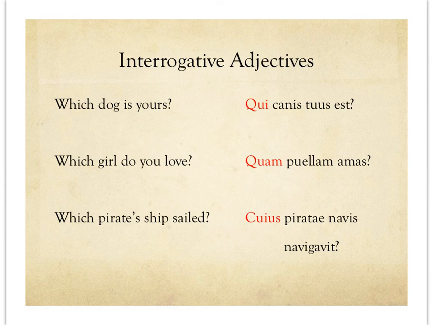We do also have something that are called interrogative adjectives. Here's the great thing. The forms of interrogative adjectives exactly correspond to the relative pronoun. So we don't have to learn any new forms.